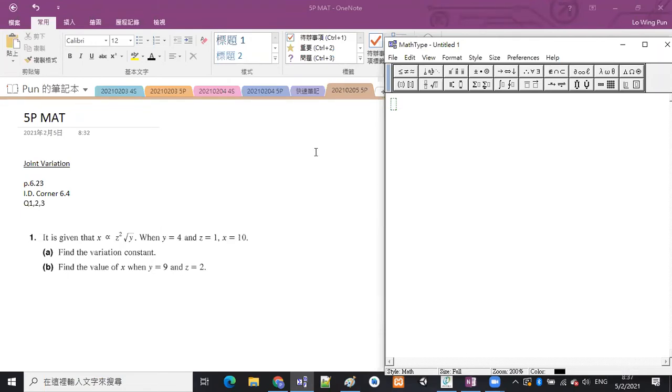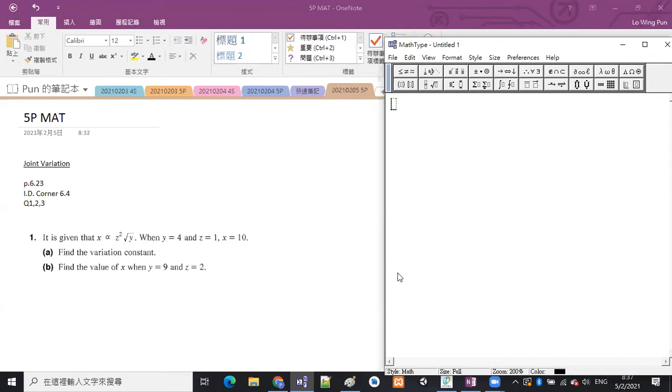And if the other variable is in the direct variation, then you just put it on the top part of the fraction. And if there is inverse variation, then the variable should be put into the bottom part of the fraction. Okay, and then you still need a k, the non-zero constant k in your equation.